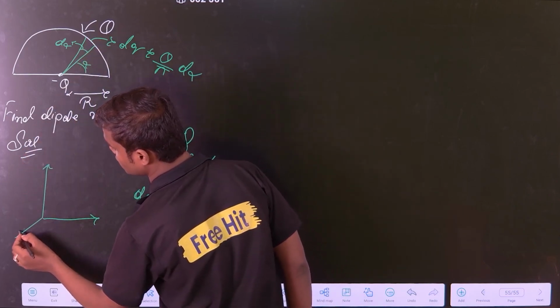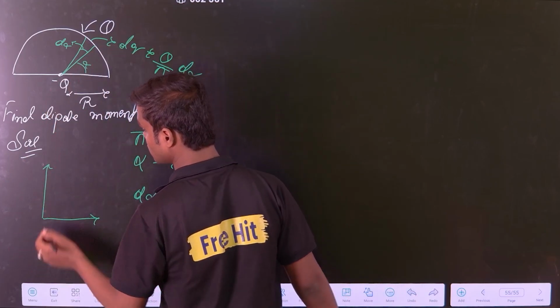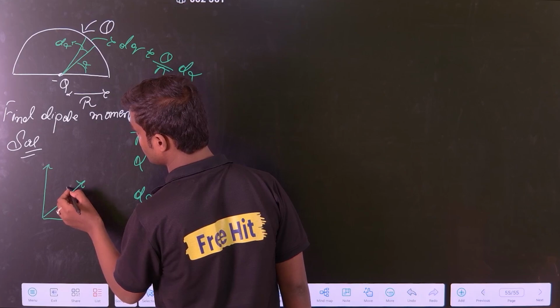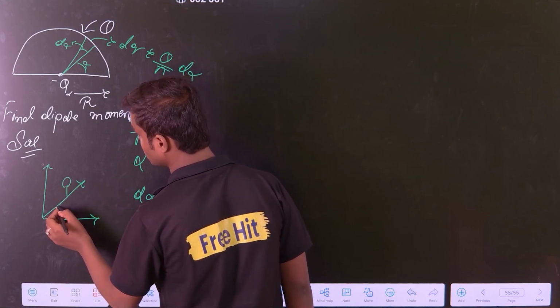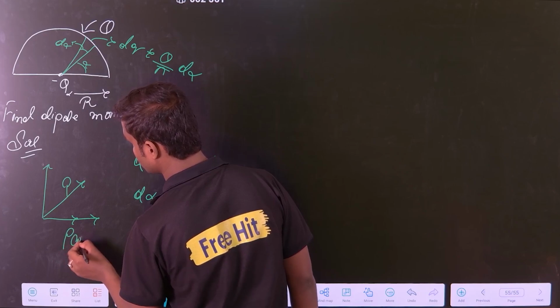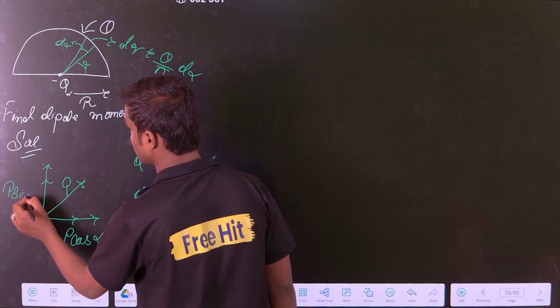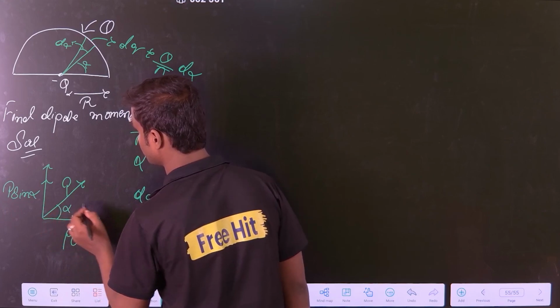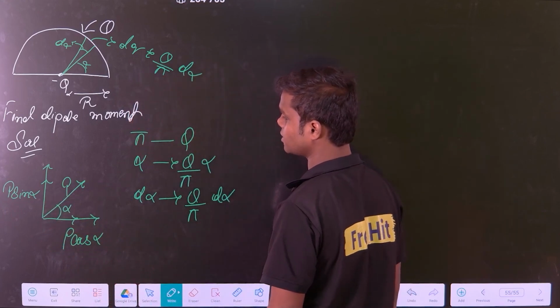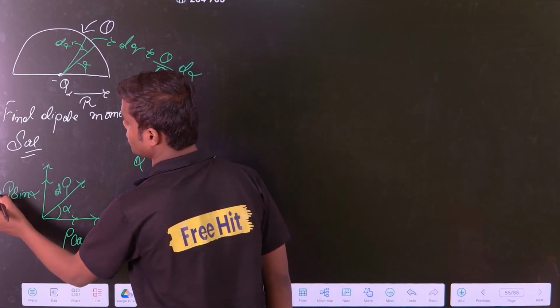Minus to plus, this is my p, and this angle is alpha. So here you will get p cos alpha, and here you will get p sin alpha. That is a small dipole moment, dp. Correct?